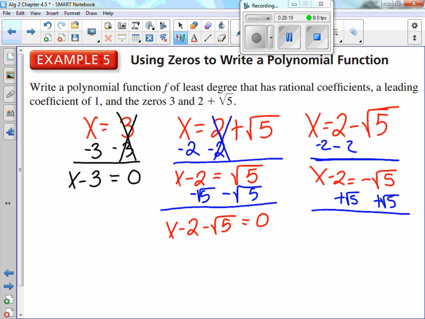So since it's negative square root of 5 this time, I have to add square root of 5 to both sides. Any questions on any of this here so far? No? Hopefully you write small because you're about to run out of room.